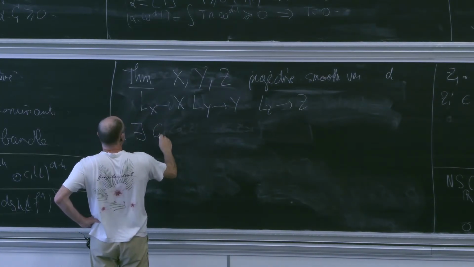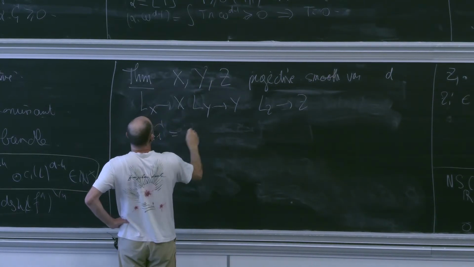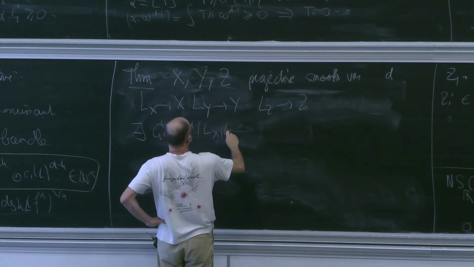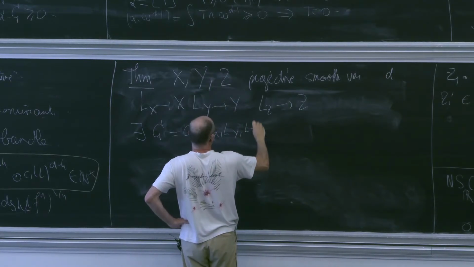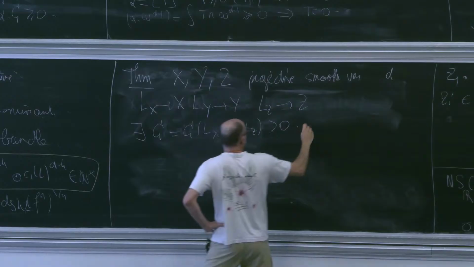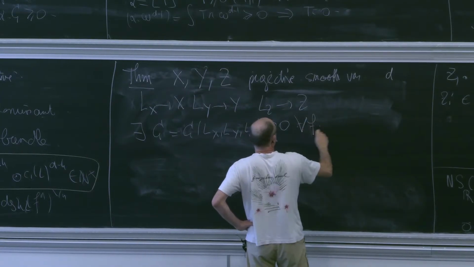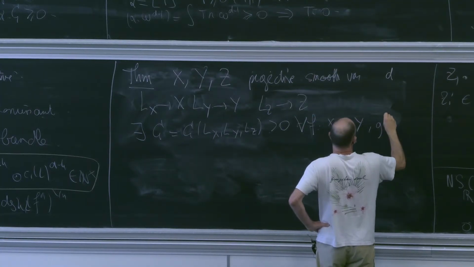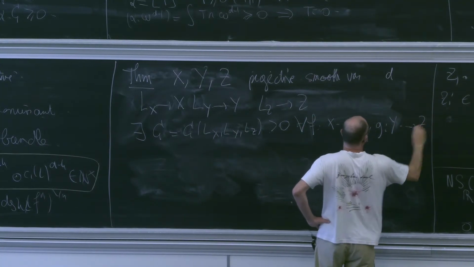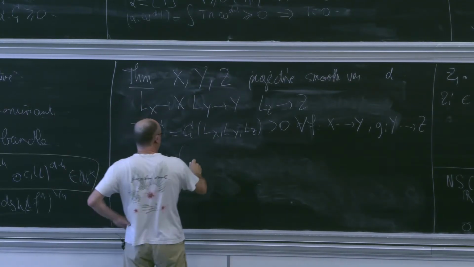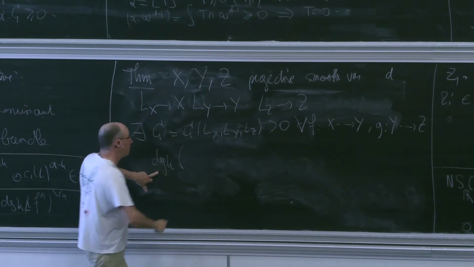There exists a constant c, which depends only on the geometrical data, so let's say on Lx, Ly, and Lz, which is positive, such that for any dominant rational map f from X to Y and g from Y to Z, if you compute the degree k, so I'm going to be more precise about what I mean by this, okay?